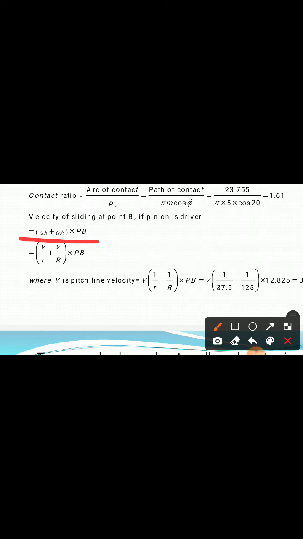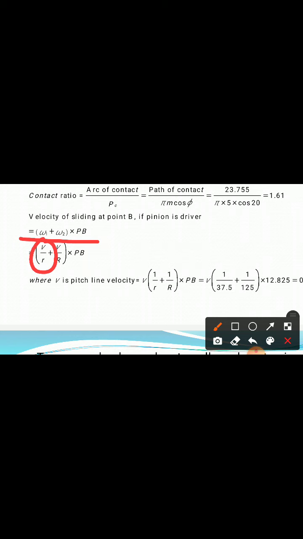So we write omega 1 in terms of pitch line velocity V divided by the pitch circle radius. For that particular wheel the radius is small r, and for the other wheel the radius is capital R. So it is V by small r plus V by capital R, into PB.